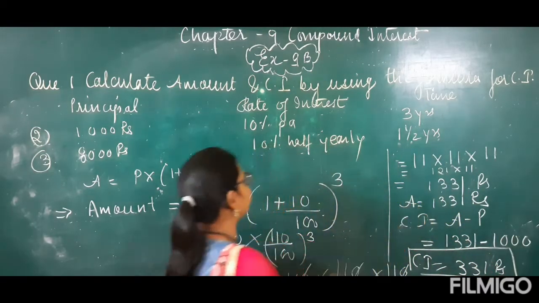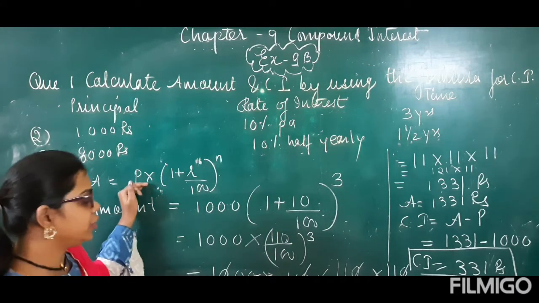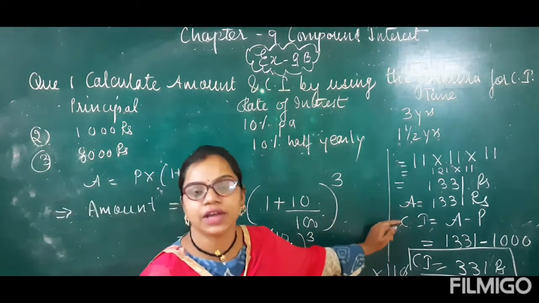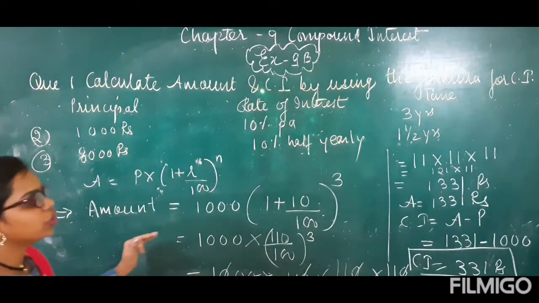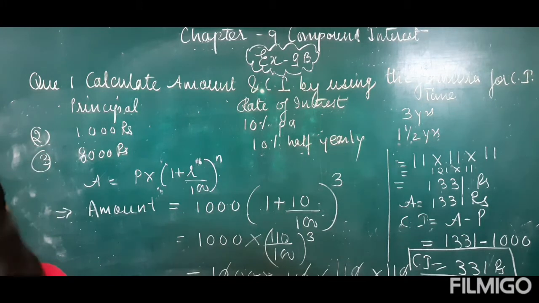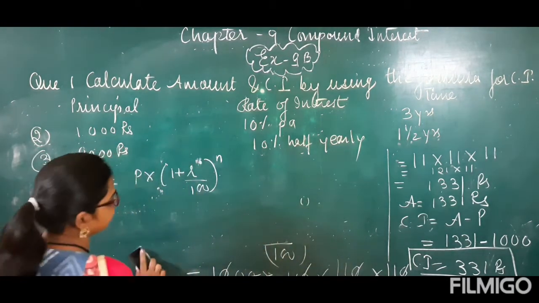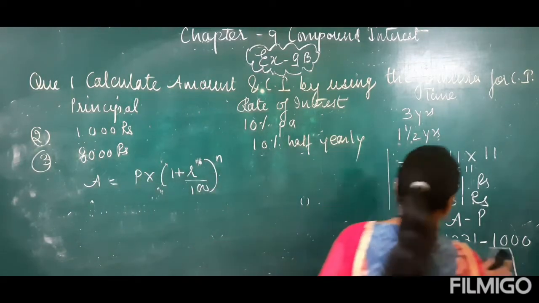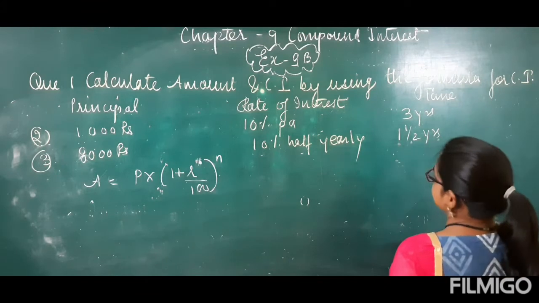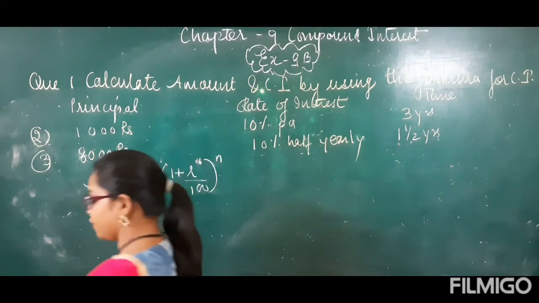So in this question what we did: first we substituted the values in the formula for amount, and after getting the amount we found the compound interest, that is amount minus principal, and we got the answer. For the next question, the third question, we have amount equal to 8000 rupees. Rate is given as 10% half yearly, and the time is 1.5 years.